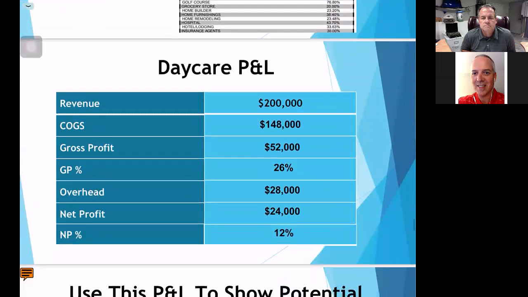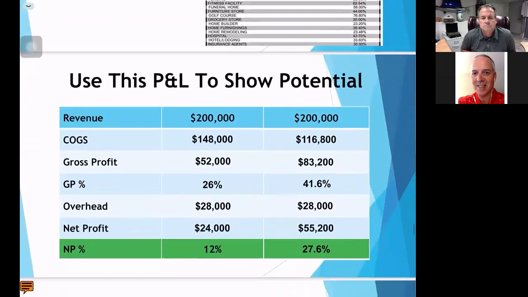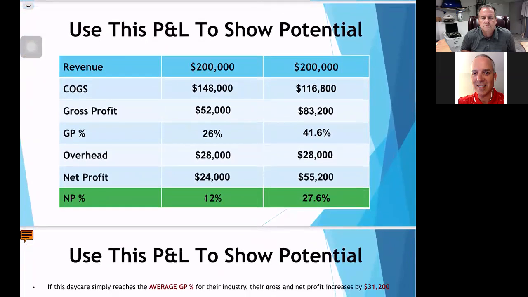Then you can take a look at your own profit and loss and say, how do I compare to the industry average? Gosh, in this example, I'm only running 12% margins, but the industry average is 27.6. If I just get to the industry average, I'm going to make an extra $25,000, right?